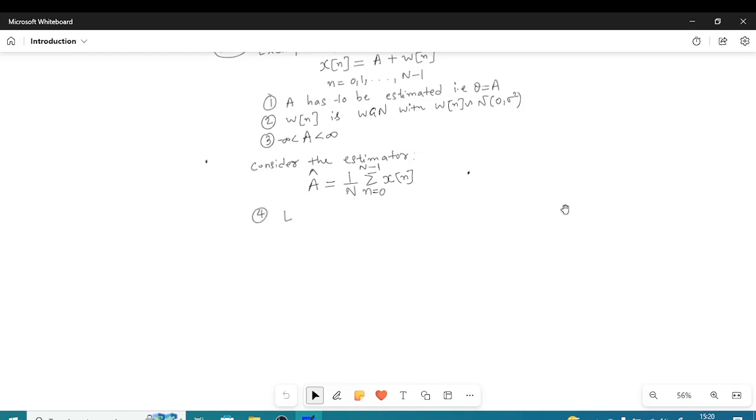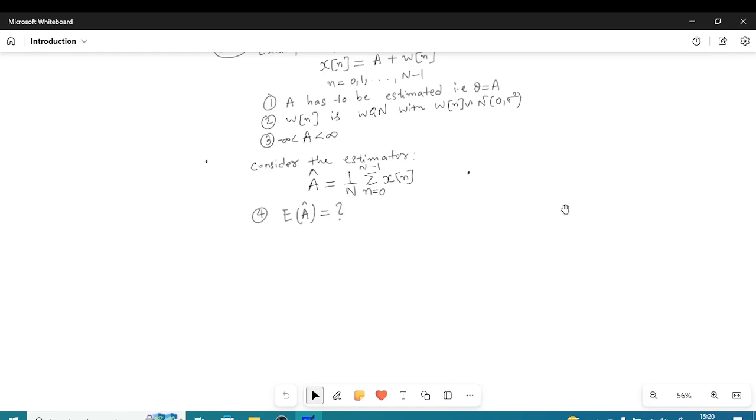Each estimator is a random variable, so we need to know what's the average value of the estimator A hat. Okay, so let's find it out.